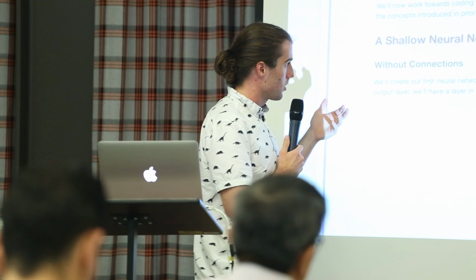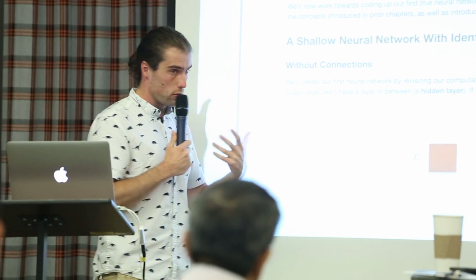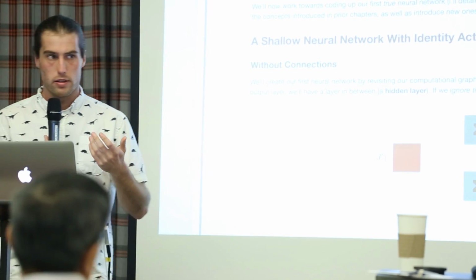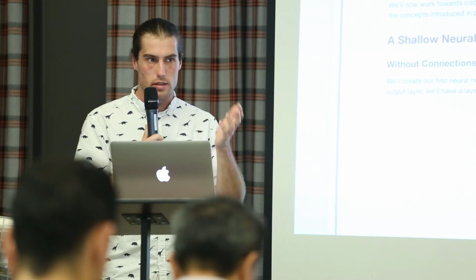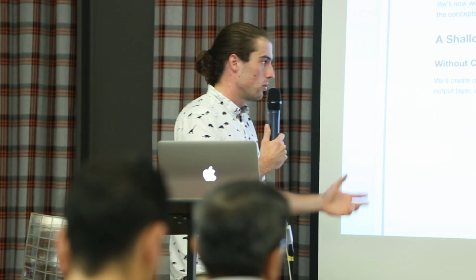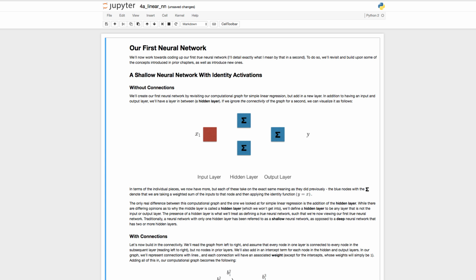So what we're going to do now is actually build what we're going to call our first true neural network. And there are differing definitions of what people will label as a true neural network. But here I'm calling a true network anything with what's called a hidden layer. And a hidden layer is defined to be anything that's not your input layer or your output layer. Okay?